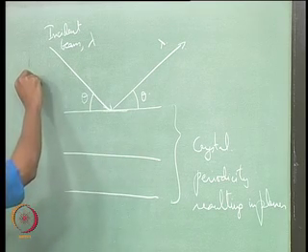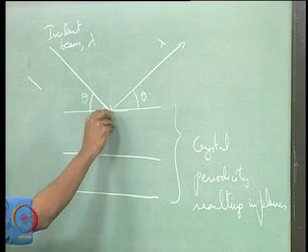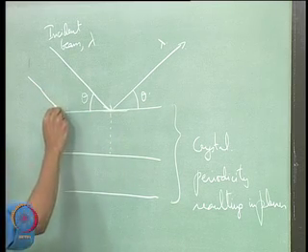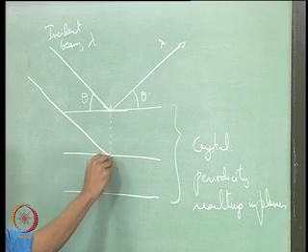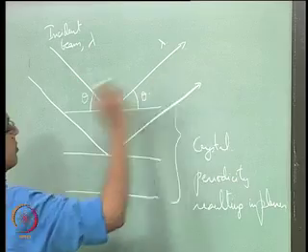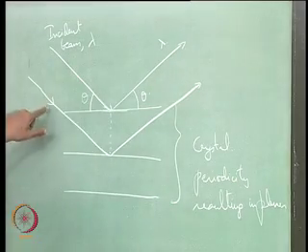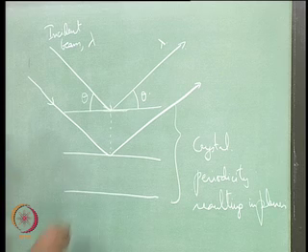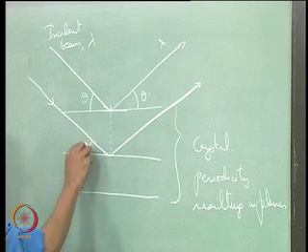So we will look at a similar wave which comes down here. This is again an incident wave and this is a diffracted wave, and again these angles are still theta.